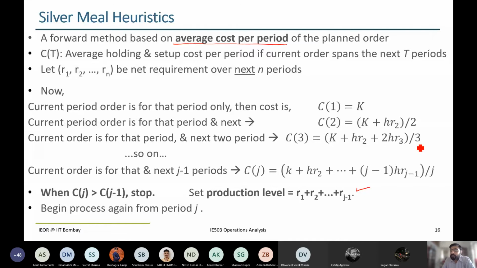Because I'm taking the average of the cost, that is the heuristic. We don't need to take the average, we can take other things, but that becomes a different heuristic. We do it until Cj is greater than Cj minus 1. Then we stop. For this part, we will do the maths and figure out how it goes.